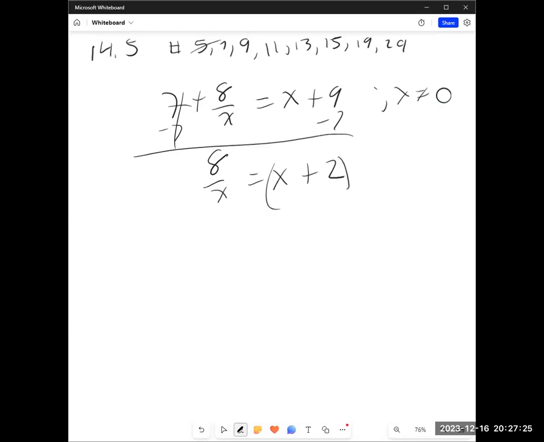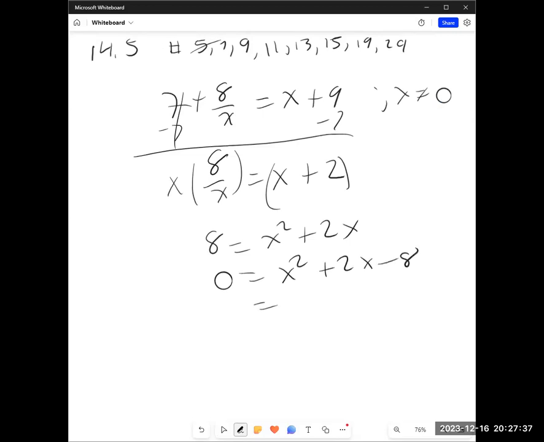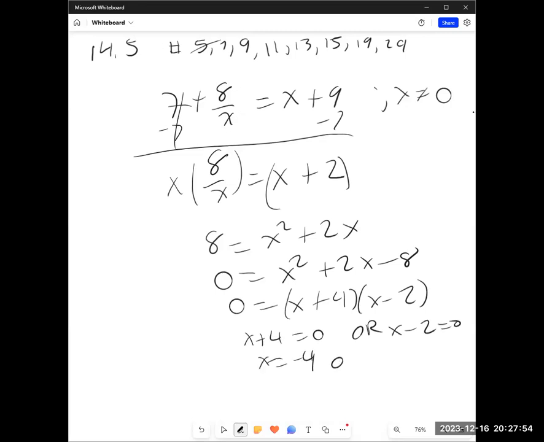Let's just multiply everything by this x to get rid of it. 8 equals x squared plus 2x. 0 equals x squared plus 2x minus 8. x plus 4, x minus 2 equals 0, so x plus 4 equals 0 or x minus 2 equals 0. x equals negative 4, or x equals 2. Let's check those answers.